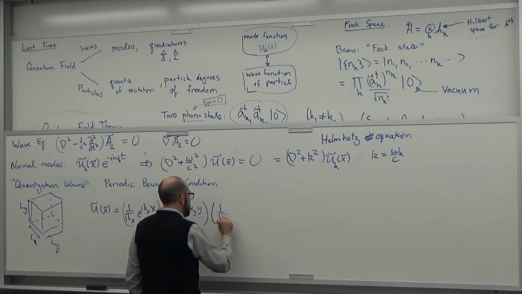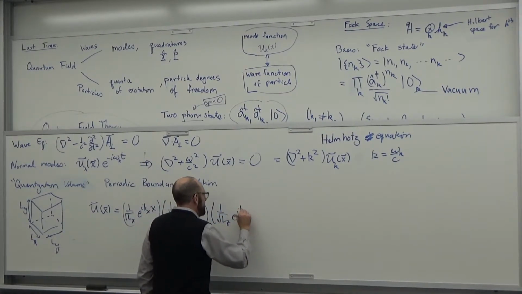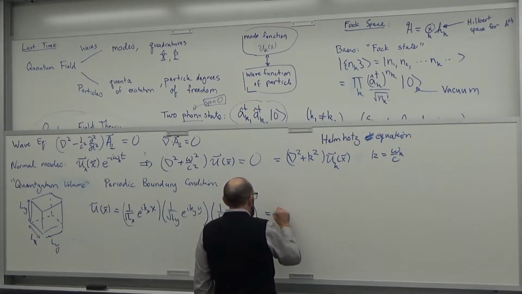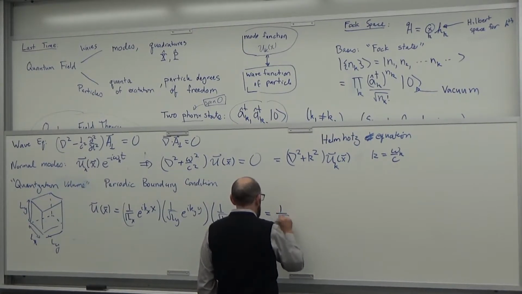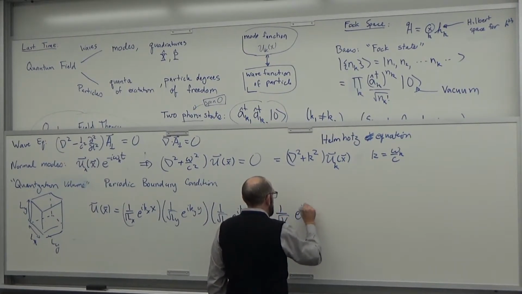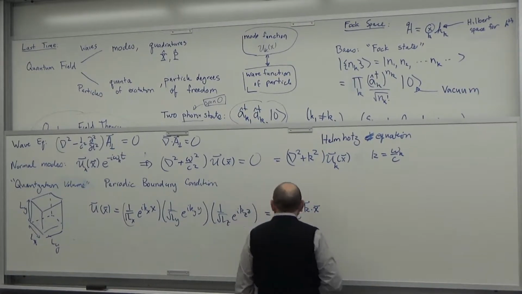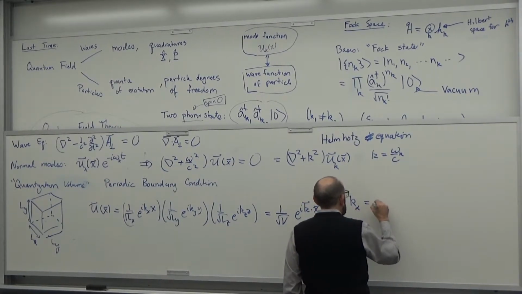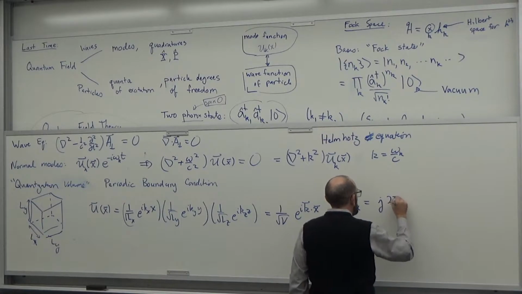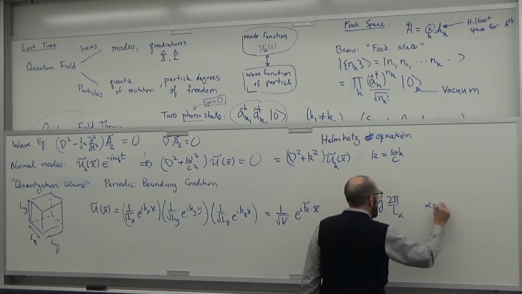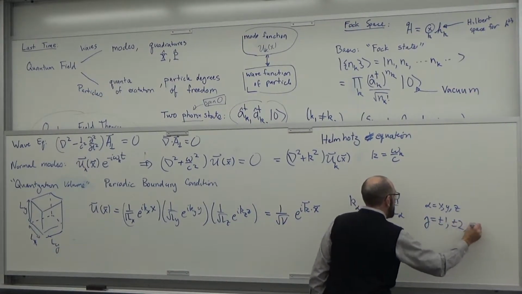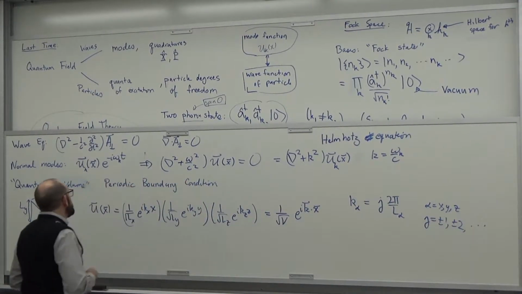Those are my three separated coordinates along x, y, and z, or 1 over the square root of the volume times e to the i k dot x, where periodic boundary conditions for the alpha component give k_alpha equal to some multiple of 2 pi over the length along that alpha, where alpha is x, y, or z, and j is plus or minus 1, plus or minus 2, etc. So those are my normal modes.